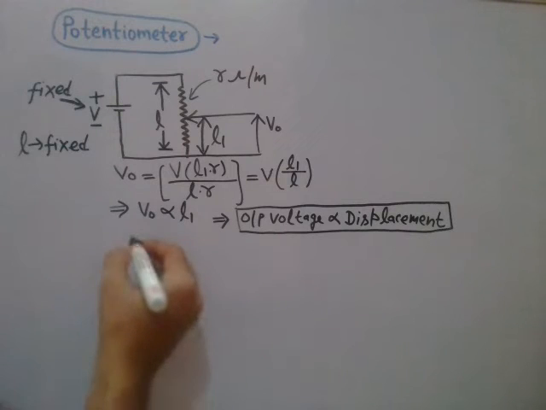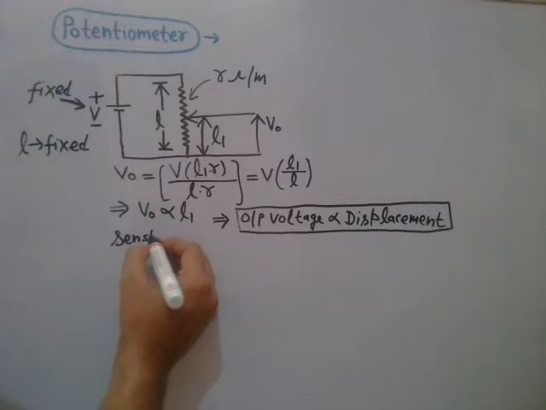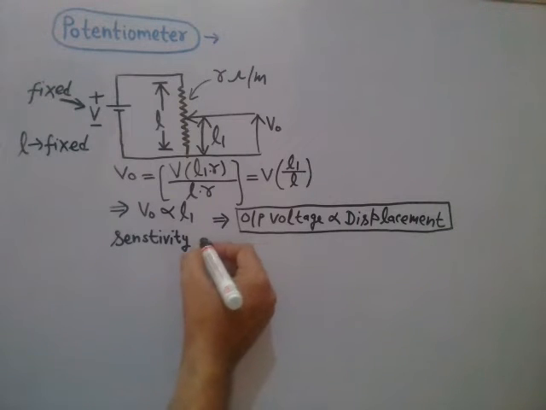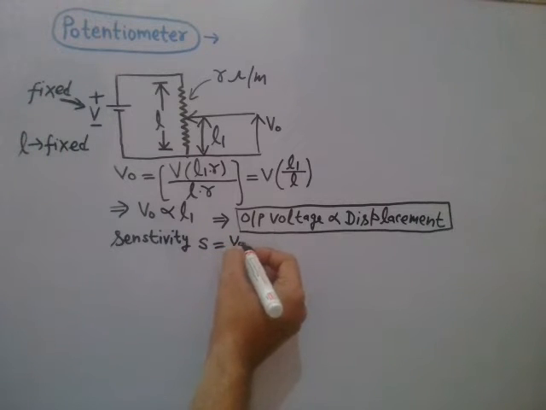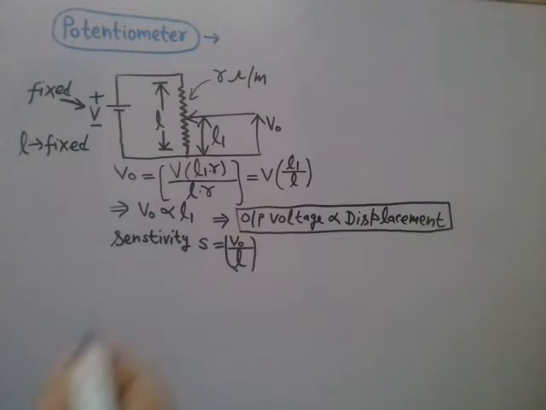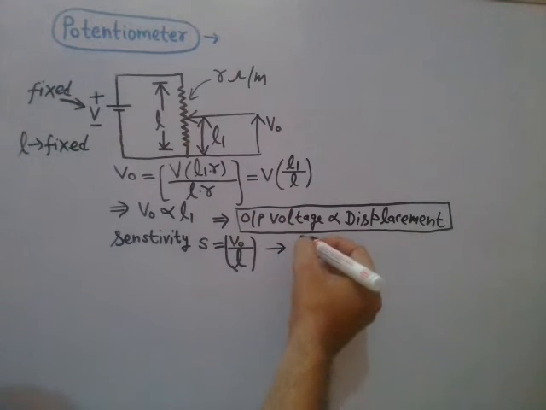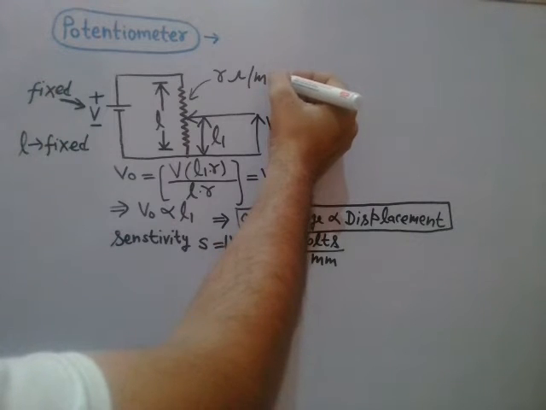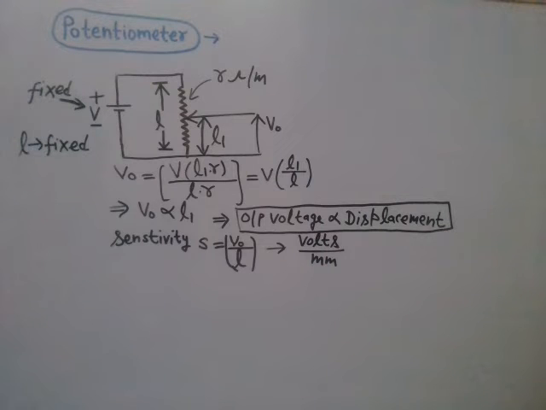Now what is the sensitivity of this potentiometer? The sensitivity S will be equal to the output voltage divided by the length of this wire, so V0 by L. The unit of this sensitivity is volts per millimeter.